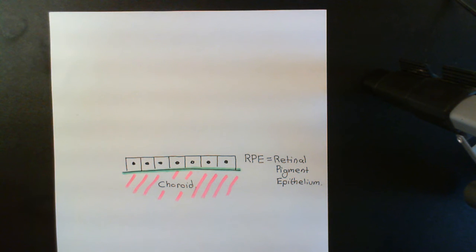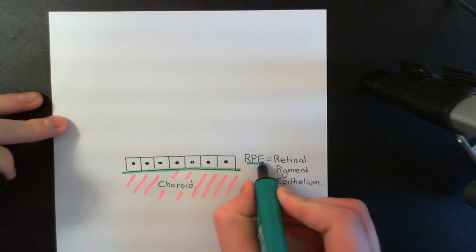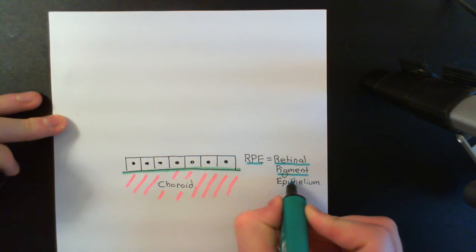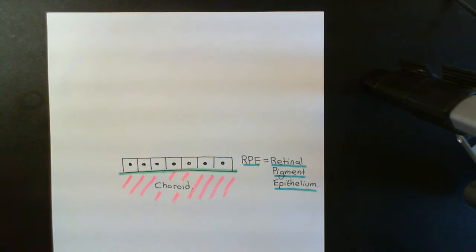So remember, if something appears black, it means that it's absorbing a lot of light. It's not going to reflect the light off, otherwise it would appear coloured. Okay, right, so the retinal pigment epithelium appears very dark. So I'll underline it here in the darkest colour that I have, which is this blue-green colour.